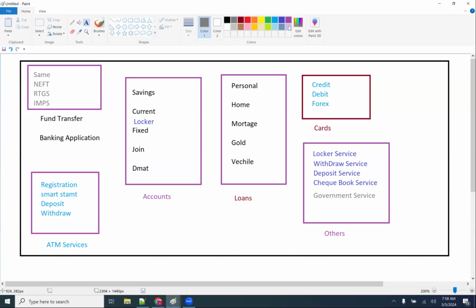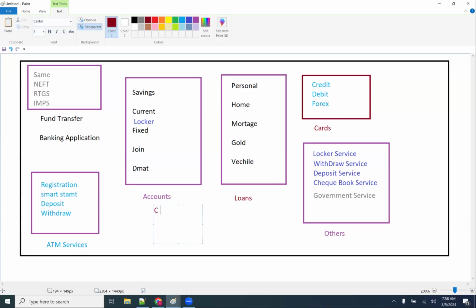Under the account section, what are the operations, guys? Creation, transaction, modification, deletion.